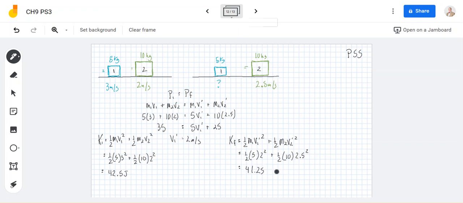So we were at 42.5, and now we're at 41.25. So we lost 1.25 joules.